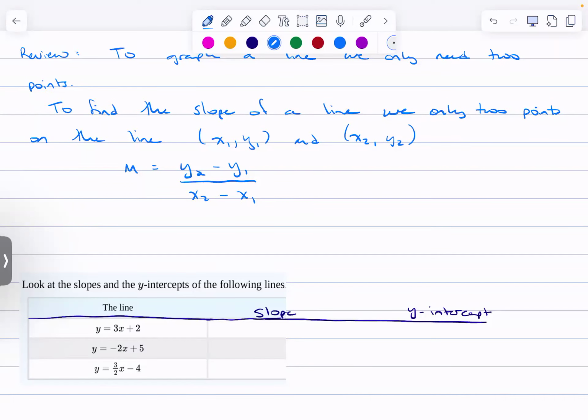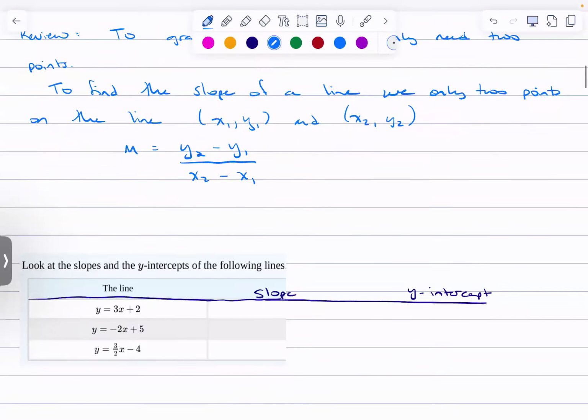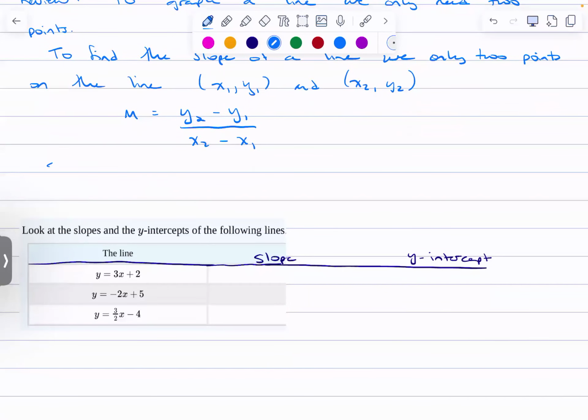And then we did some work with the slope, and some special cases. A special case was a horizontal line. If you imagine the horizon, a horizontal line goes like this.